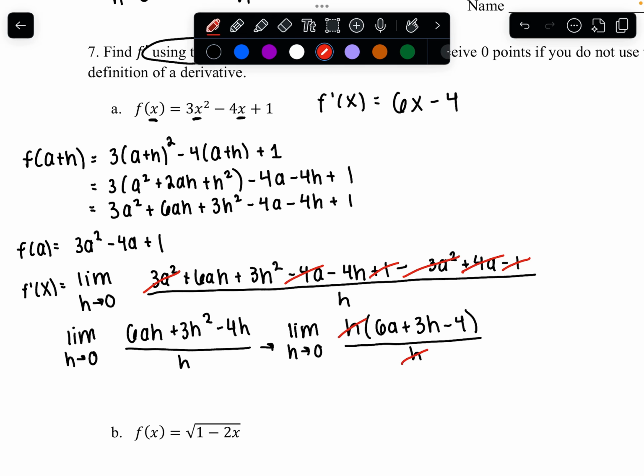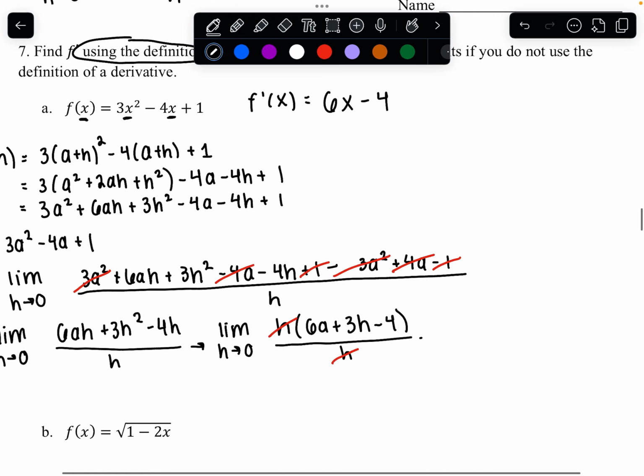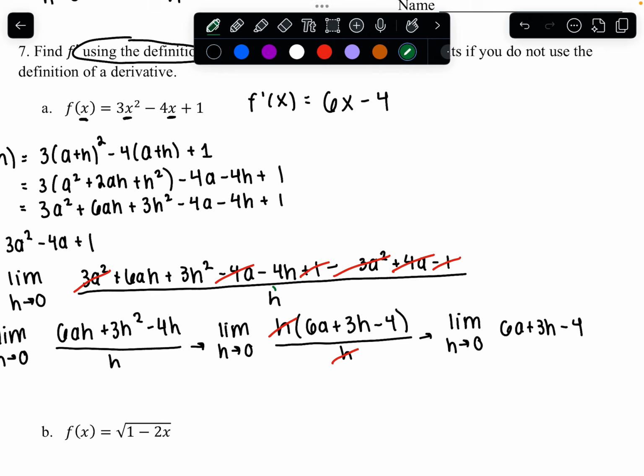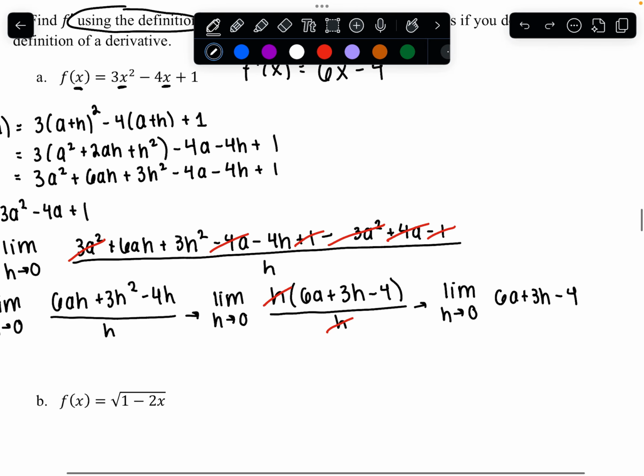Now we can cancel the h's because it's factored out. Right? So now we're limit h approaches 0 of 6a plus 3h minus 4. Like I said, once we were able to cancel this h out, then we can plug in. We can't plug in until it's canceled because then we would be dividing by 0, and we cannot do that.